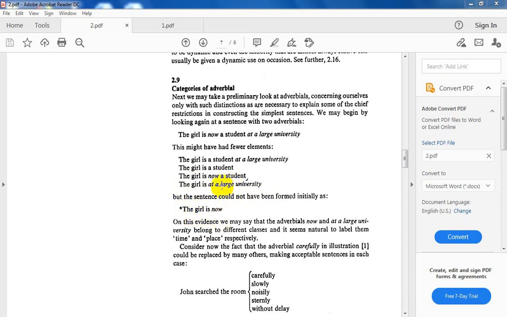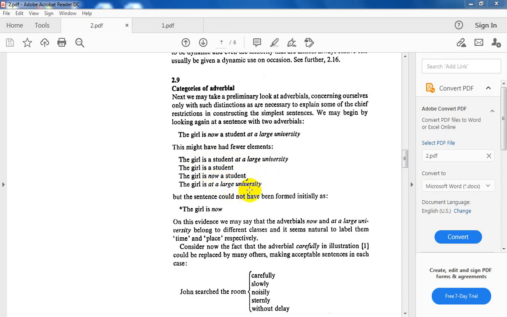Here, A. Of course, you see, if we pay attention, now and at a large university are both optional. We can omit them. Here, in this one, a student at a large university, I can omit this adverbial. I can say the girl is a student and omit the adverbial; it does not affect the sentence. Here, the same case, I can omit now without affecting the sentence.